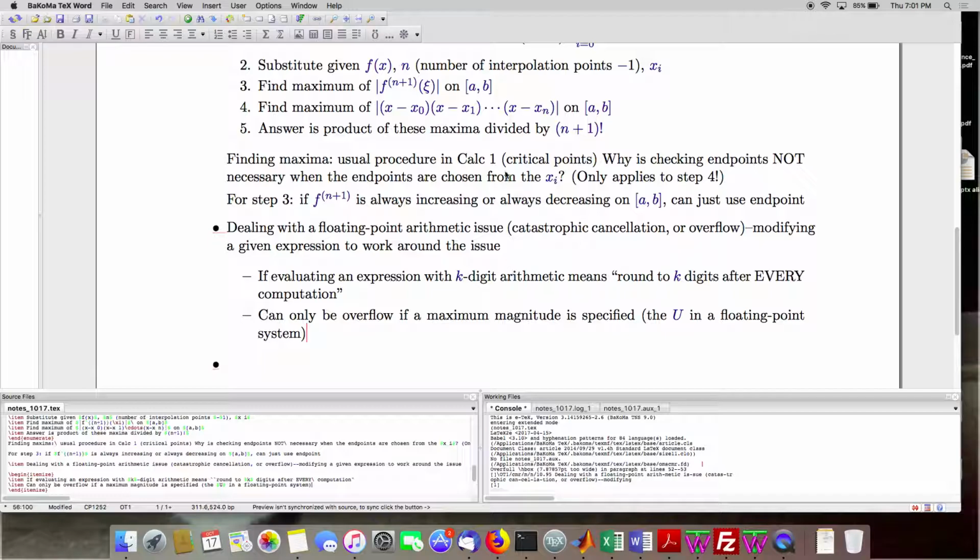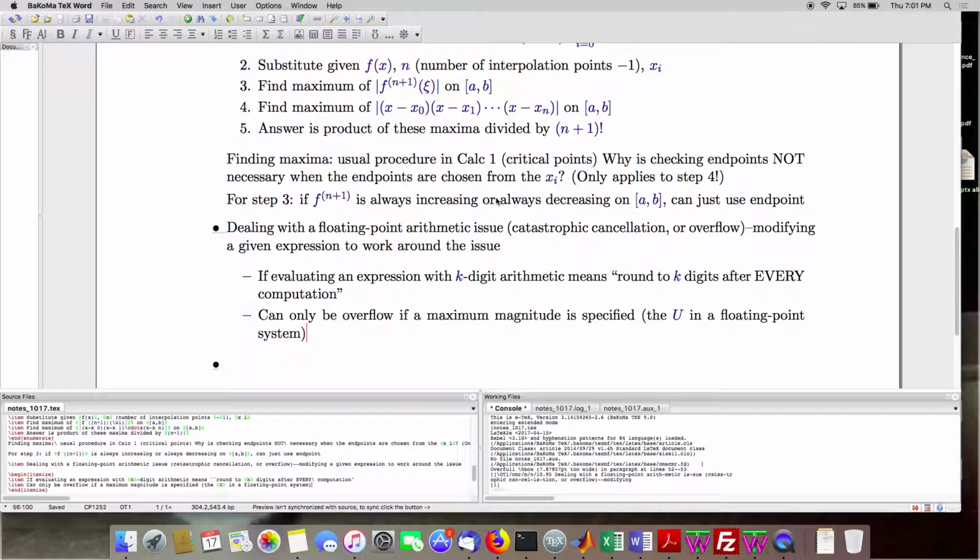I didn't specify that in this problem. I just said 5 digits of precision, so overflow could not have been it. The L, the lower exponent, would lead to an indication of underflow. But underflow is not really a big deal because you could always save a result as 0. So we're not going to deal with that in this problem.